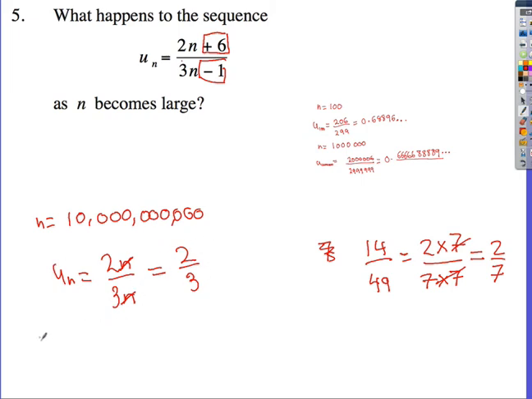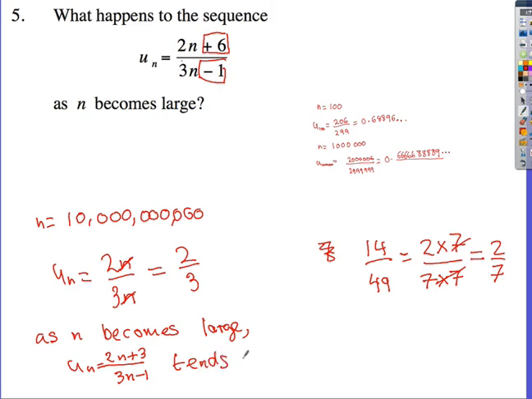So to finish off, you would say, as n becomes large, un, which equals 2n plus 6 over 3n minus 1, tends to, it means goes near to, 2 over 3.